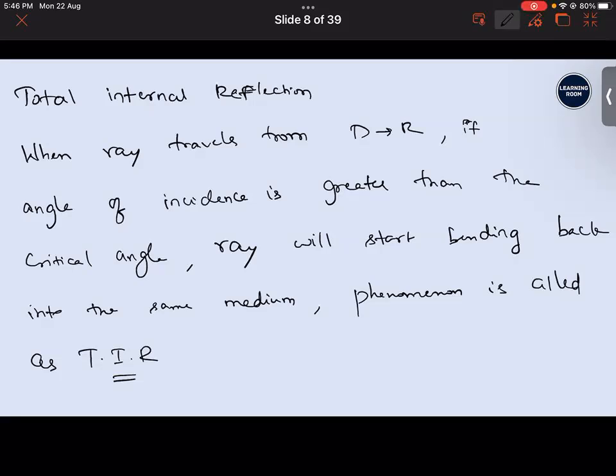And the next point is about the application of total internal reflection, which is optical fiber. Optical fiber is a part of your textbook topic and it is theory, so I'm leaving that part to you. You just go through it, and if you have any doubts, reach out to me. I'll only keep teaching you the derivation part and the other important stuff.